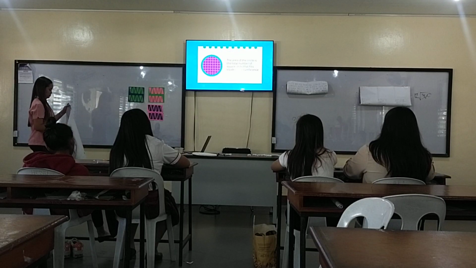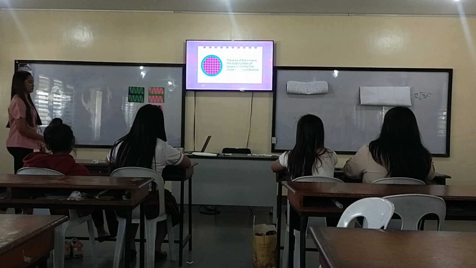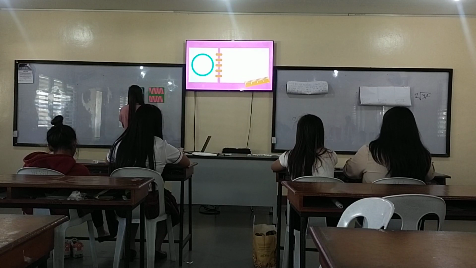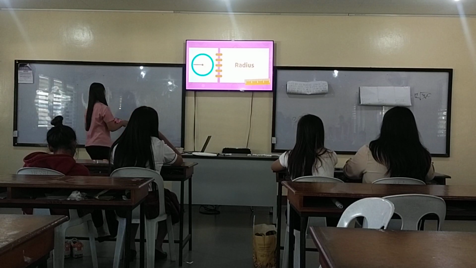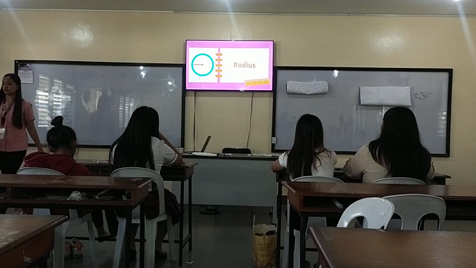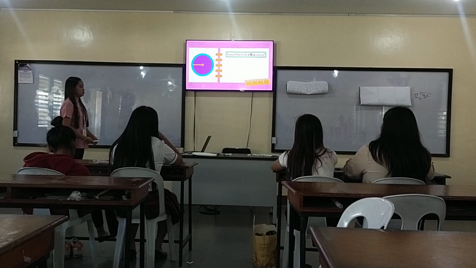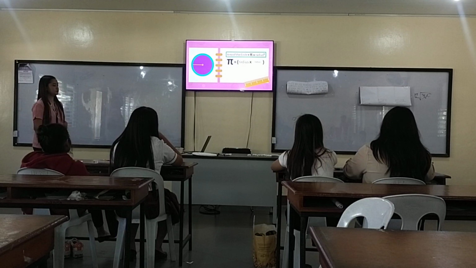As you can see in this picture, the area of the circle is the total number of square units that fit inside the circumference. First off, let's recap some parts of the circle. Here's the center, and this is the radius. To find the area of the circle, we multiply pi by the radius squared. Meaning we multiply the radius by itself and then multiply by pi.